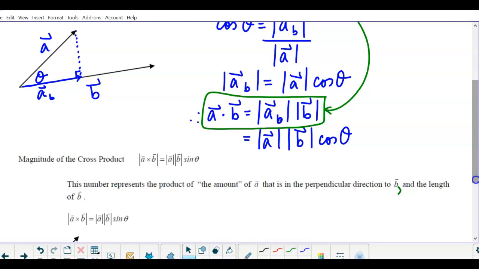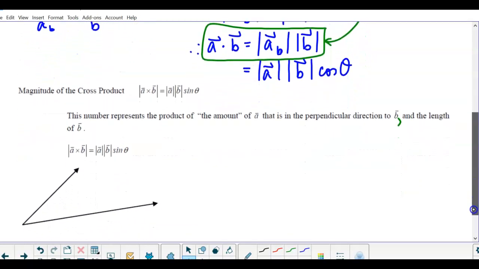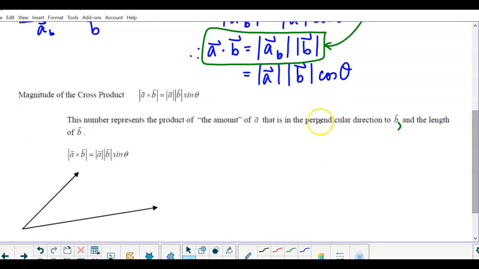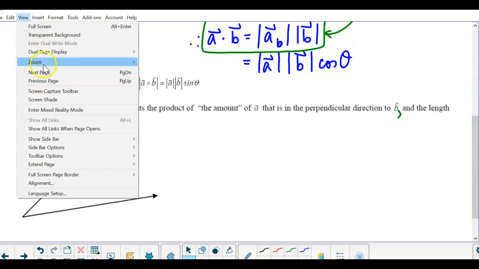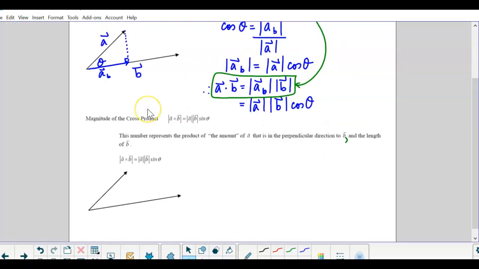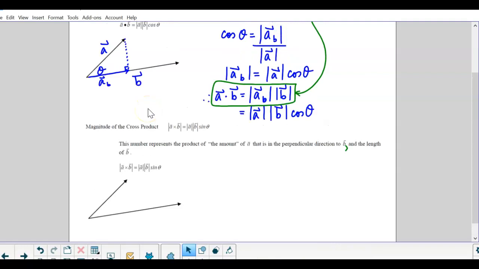So it's the same kind of diagram. I'm going to minimize this a little bit. Okay, so again, same diagram. This is B, this is A, this will be theta. But this vector here, it doesn't matter which direction it's going, is going to be the projection of A onto the perpendicular to B, right?